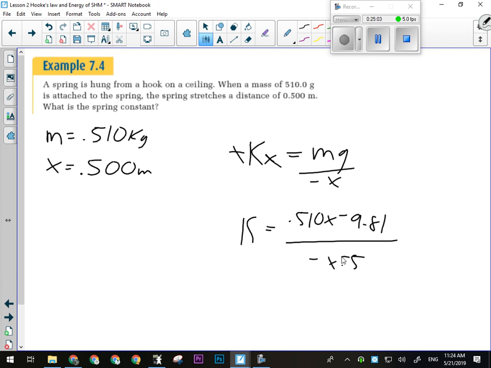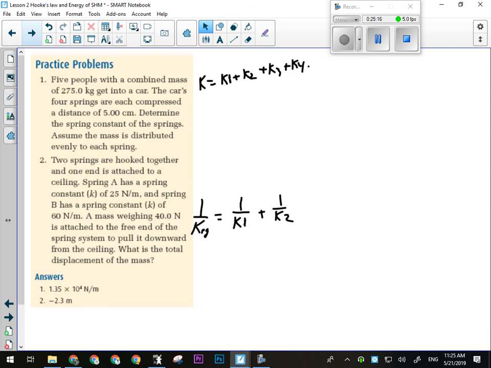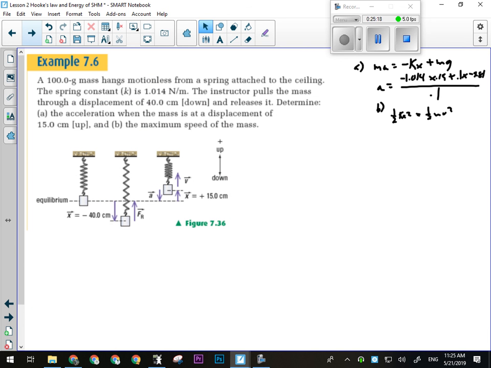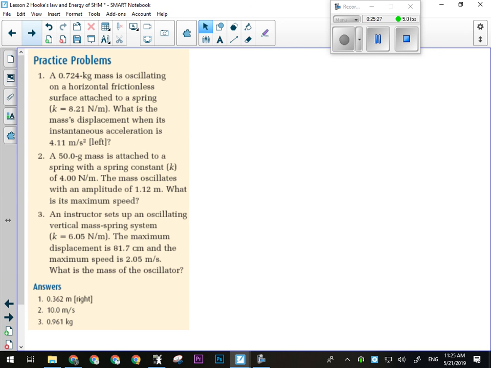Sorry, I forgot to draw the other one there. But we let it go just because we know that can't happen. We know that the spring is pulling upwards. Everyone okay with that? And we're not going to do the multiple springs because we don't have to. And that's a vertical one, so we don't have to do that either.